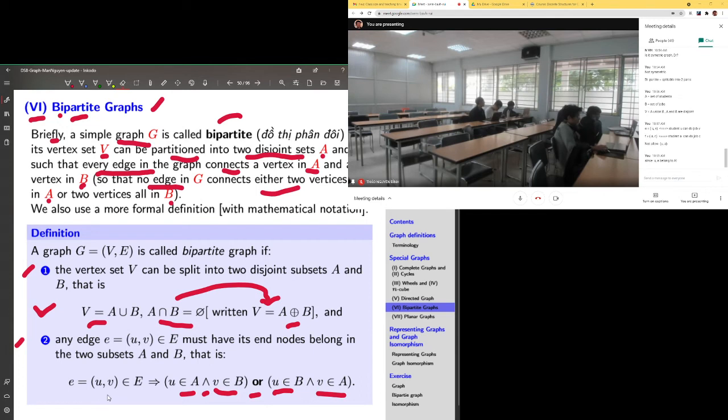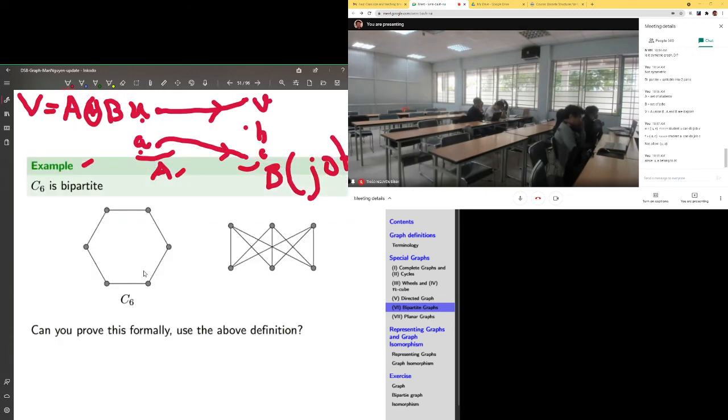If the connection is like this one, UV, then both must belong to different parts, okay? U and V cannot both belong to A, and U and V cannot both belong to B at the same time. So we're going to prove bipartite. Now we move to the example here.